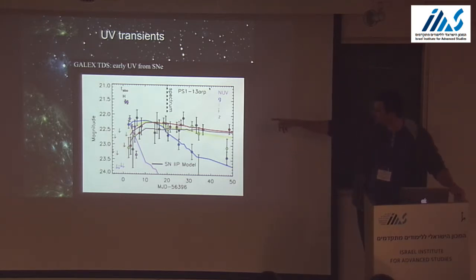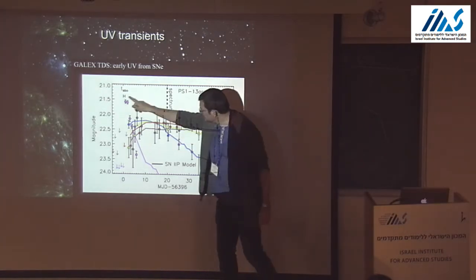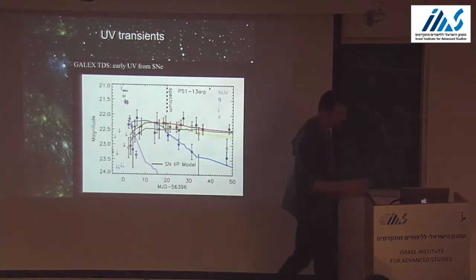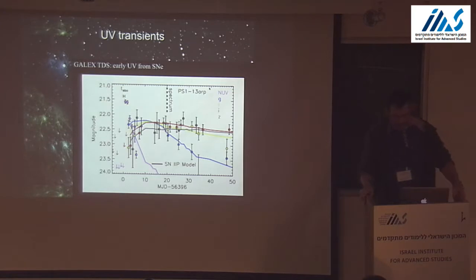So this is a very typical behavior, right? A flare in the UV, after which you get an extended emission in the optical. So the UV initially dominates the bolometric luminosity, but only for a short period of time. Now, exactly how to interpret this early emission is a big subject, and we will talk about this later.